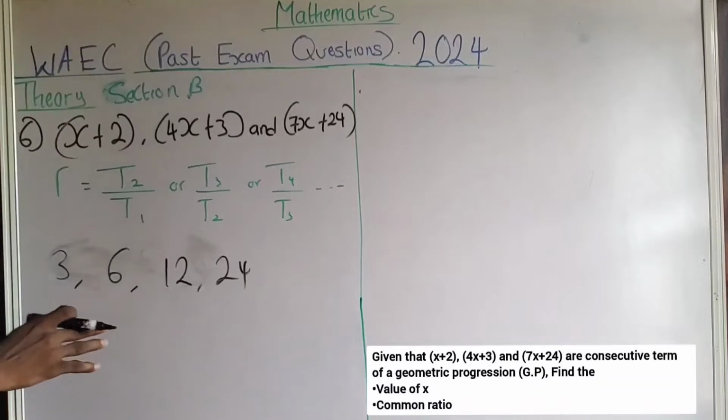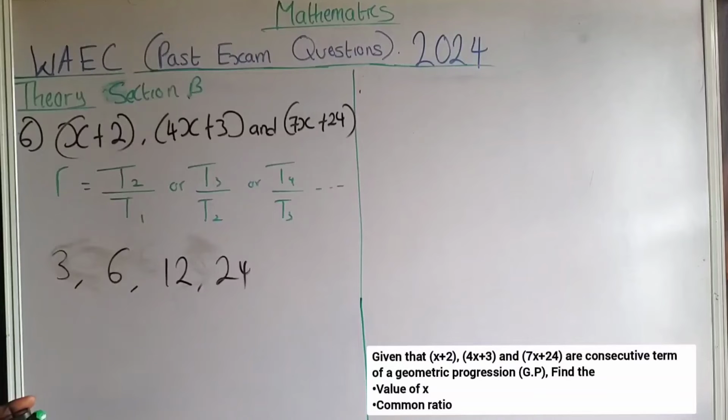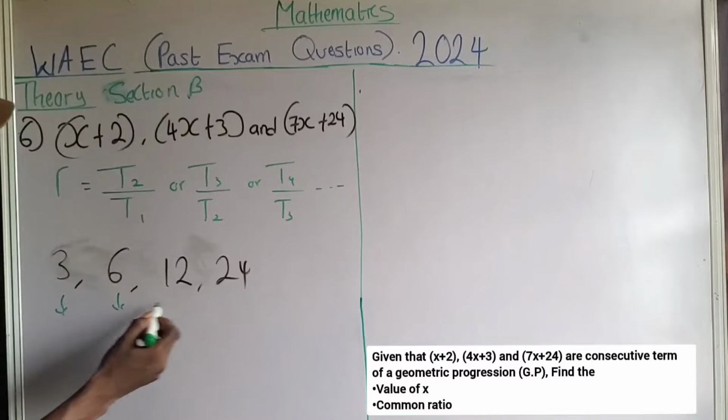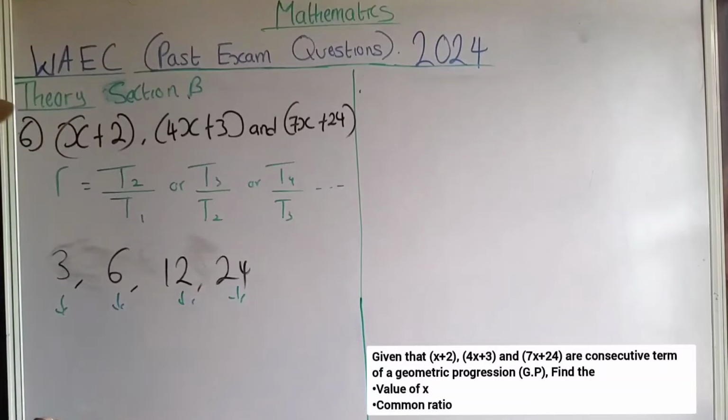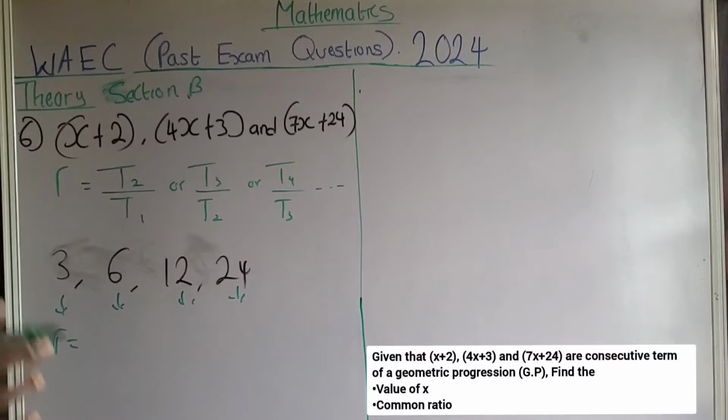Let's say this is a geometric progression. The basic definition of a geometric progression is that the terms differ by a constant common ratio. This is the first term, this is the second term, this is the third term, and this is the fourth term. The common ratio is expressed as the second term divided by the first term, or the third term divided by the second term. Just take the ratio of two successive terms and you are going to obtain your common ratio.